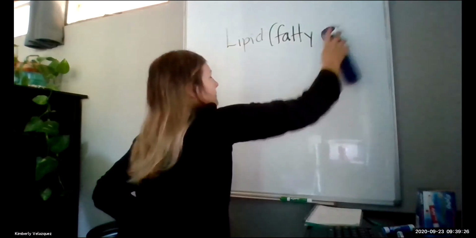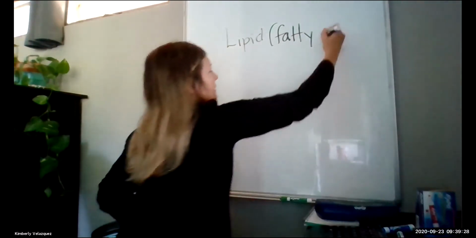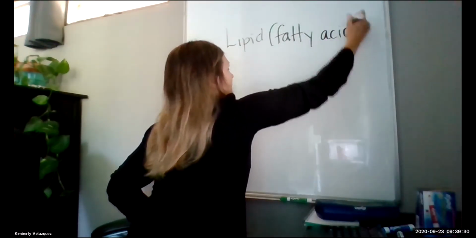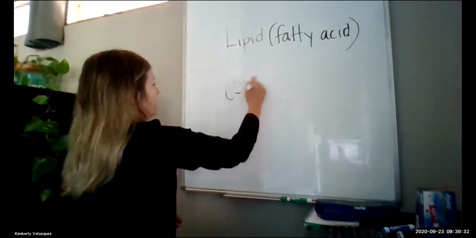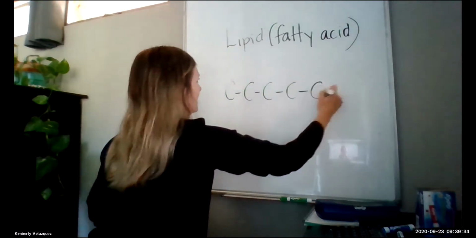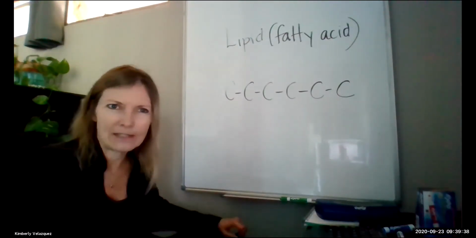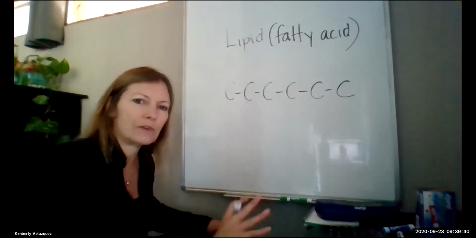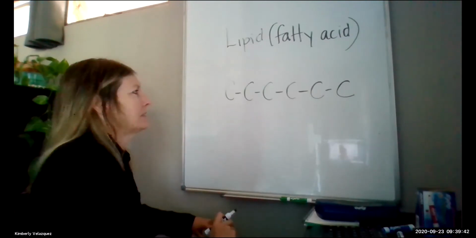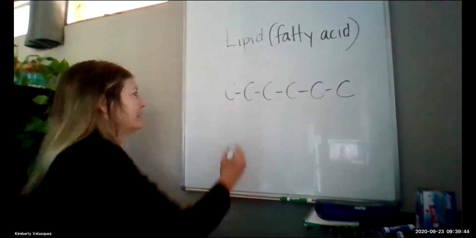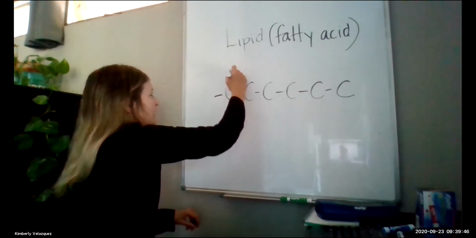I'm just really not writing very well today. I'm going to do 6 carbons again, just so you can really compare the two. In reality, a fatty acid chain would be hundreds of carbons. It wouldn't just be 6. The first thing that's different is there are no hydroxyl groups.